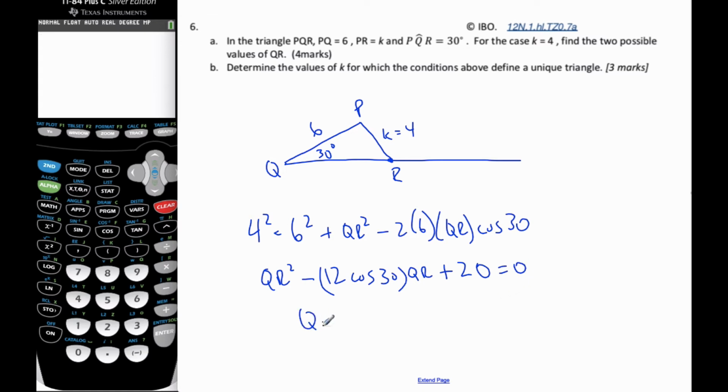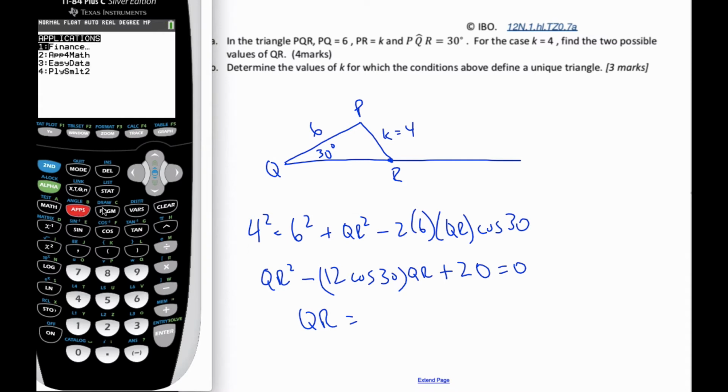And so now using my calculator, I can find the two different values of QR. If I just go to my polysimultaneous, it's going to be number 1. Again, I'm checking to make sure I'm in degrees, which I am. And I get 1, I get negative 12 cosine of 30, and I have 20.